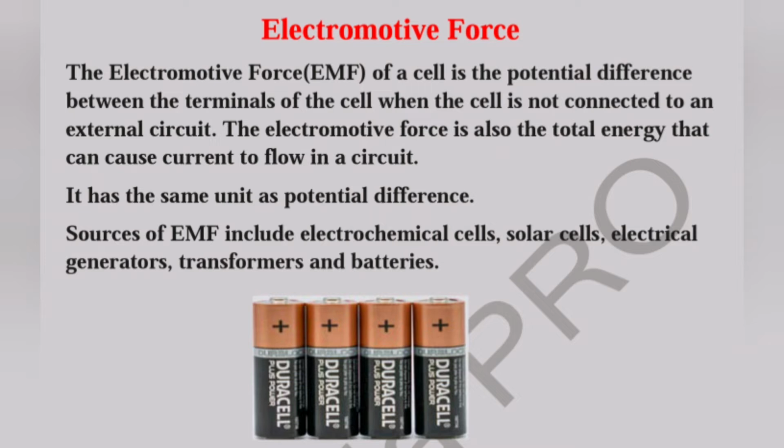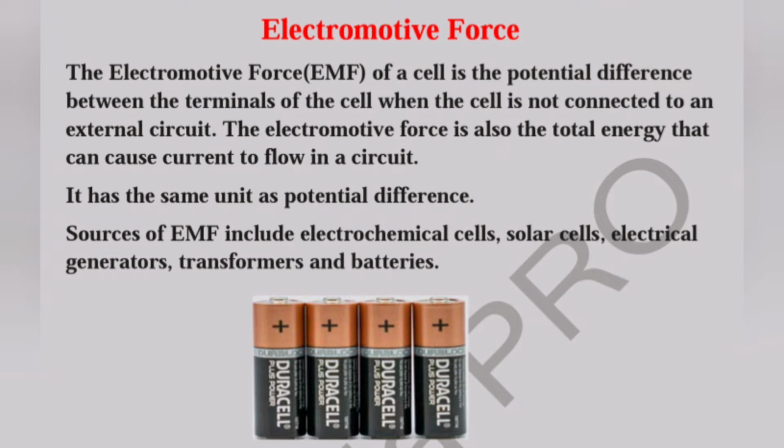The highest potential difference that can be generated by a source of electric current is known as the electromotive force, EMF. For a battery or a cell, the EMF is the potential difference between the terminals of the cell or the battery when it is not connected to anything or an external circuit.